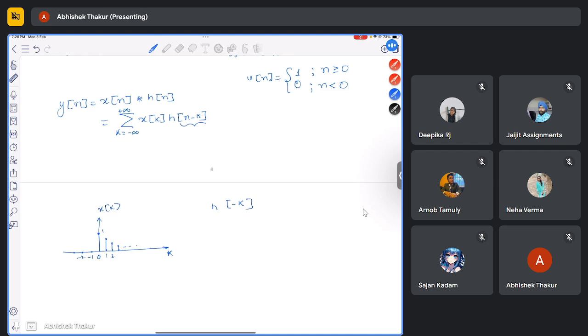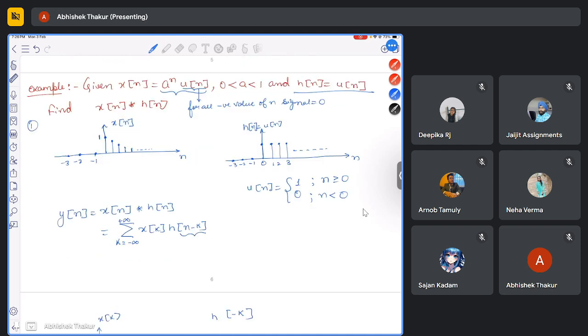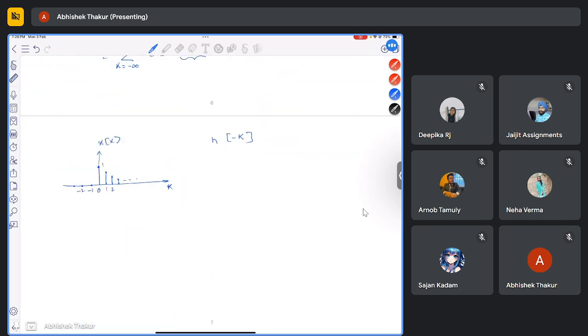So first we will do h[minus k]. So h[n] was given as this. So h[minus k] will rotate from the 0.